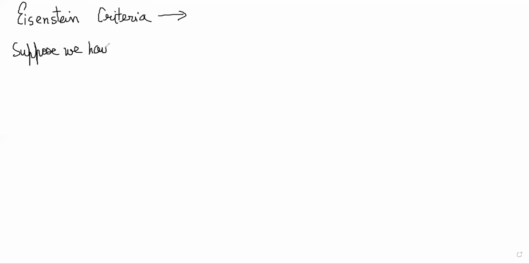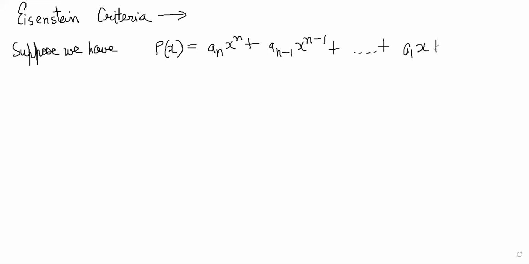We have p(x) is equal to a_n x^n plus a_(n-1) x^(n-1) plus so on plus a_1 x plus a_0, right? Now this is an integer polynomial, suppose. So integer polynomial basically means that a_n, a_(n-1), a_1, a_0, all of them are integers, right?